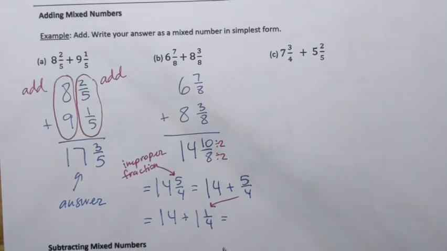You can probably already see that in this case, the whole numbers can be combined. 14 and 1 will give us 15, and then we also have 1/4. So the final answer is 15 and 1/4.